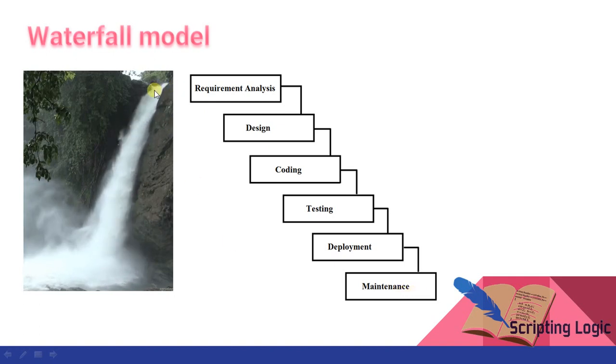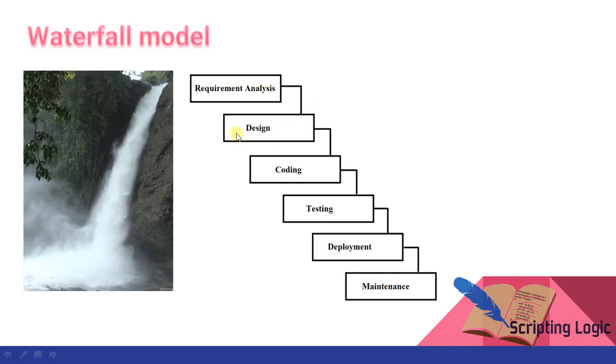Here as we can see, the water is falling down. In waterfall, the water is falling down, it cannot go backwards, right? So similarly, in this waterfall model, once the requirement analysis phase is completed, the design phase starts, right? Once the design phase is started, we cannot go back to the requirement analysis phase.